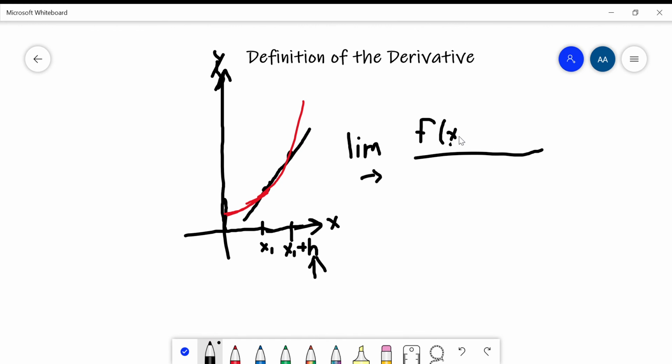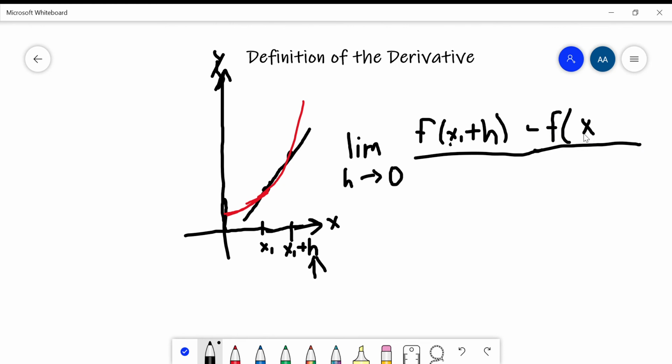I'll write x1 for simplicity. x1 plus h. So to reiterate what I said in mathematical terms, we're going to put h here, not x as I was doing before. And we're going to put 0. And I'm going to write it down and explain it after.